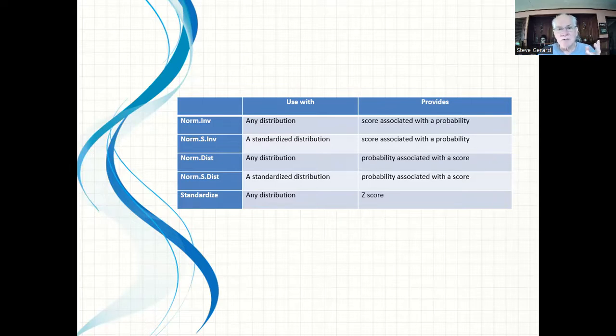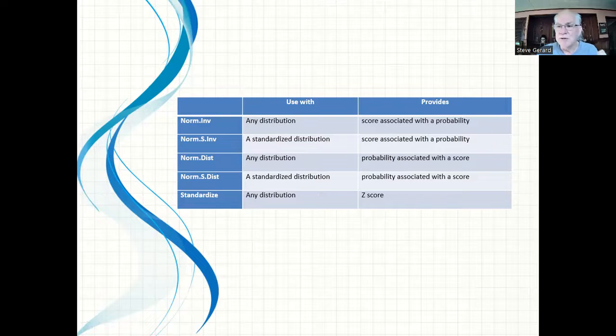If you've got plus 32 and plus 62, you're talking about a raw score distribution. What you may need to do first is find out the score associated with a certain probability. Or, you have a raw score distribution and you want to know the probability of something. Ultimately I'm looking here, so I start here and go to this one and have to do a couple of different computations with that. But this is where you start.